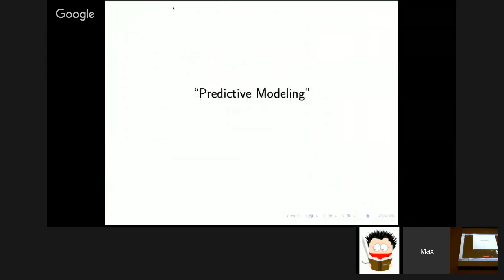So maybe before talking about how we do some things in R, let me talk about what predictive modeling is. I have kind of a loose interpretation of that. When you think about machine learning or data mining or pattern recognition, a lot of times people have, over the years, specific methodologies that they're thinking of when they talk about those techniques. It used to be that machine learning was all about neural networks.